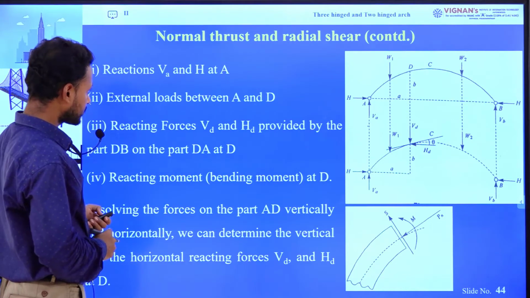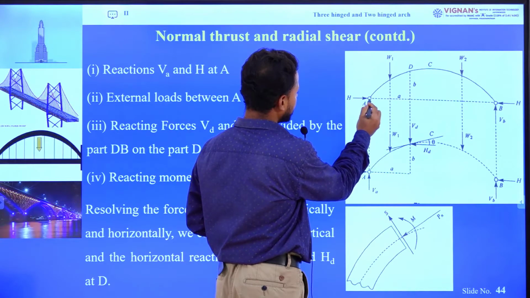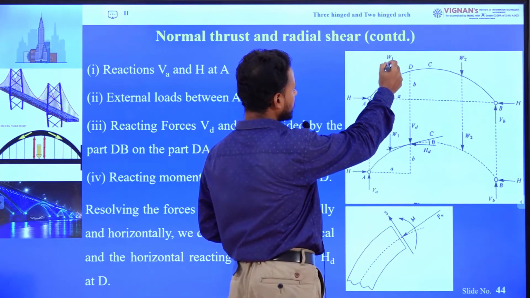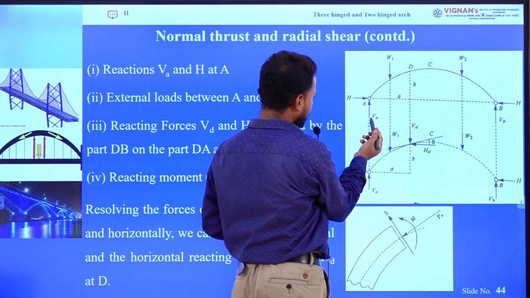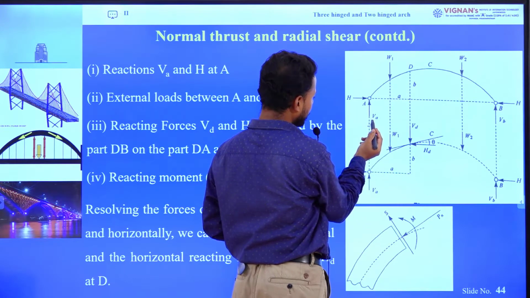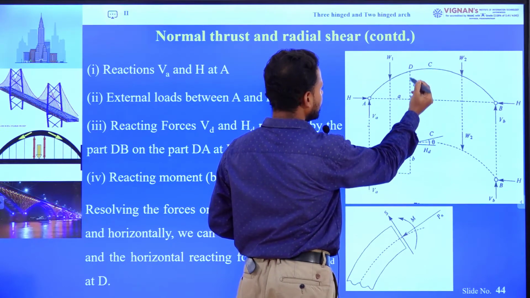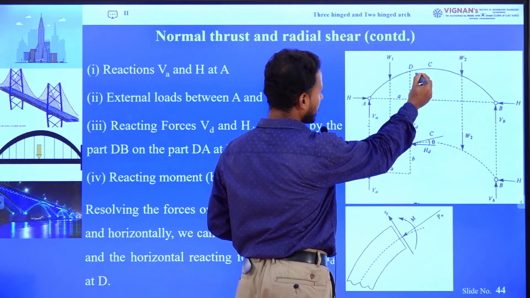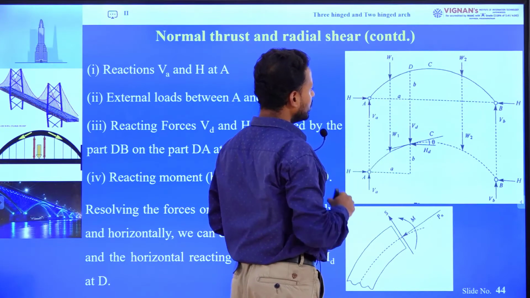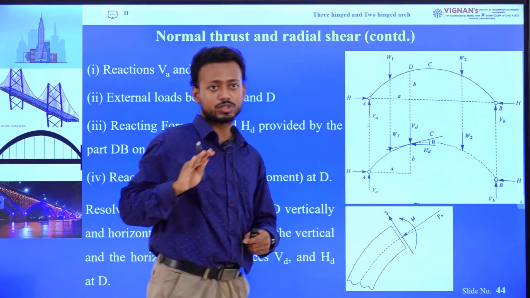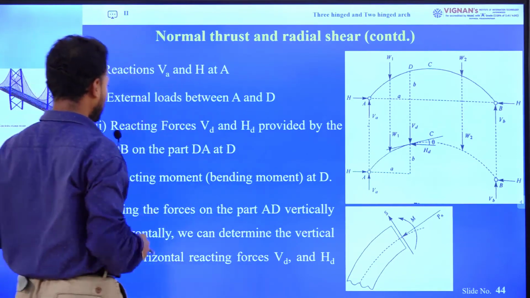So let's repeat. VA and H act at A point, the external load acts at any point, the counter forces to be in equilibrium vertically and horizontally, VD and HD, will be acting, and the fourth one is the bending moment due to the external load. These four types of reacting components act in this part AD.